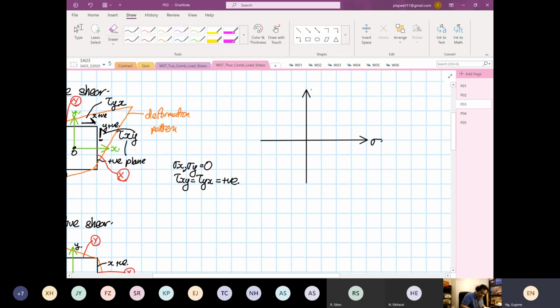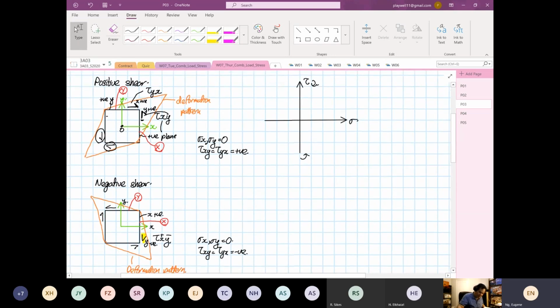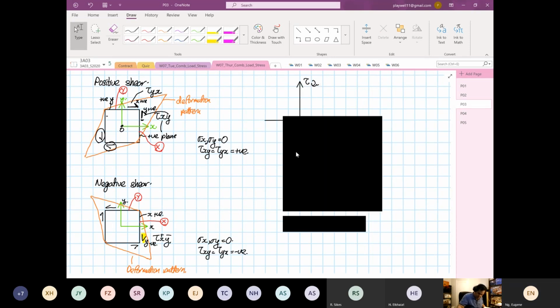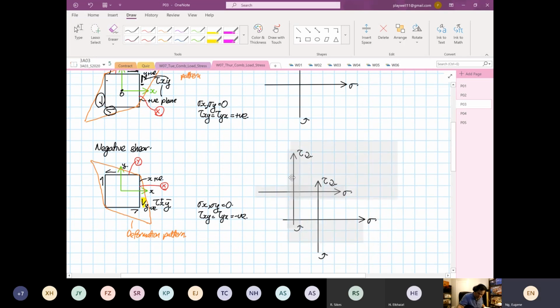So the shearing stress element rotates clockwise, or anti-clockwise. So the one at the top is for positive shear. Then the one at the bottom is for negative shear.